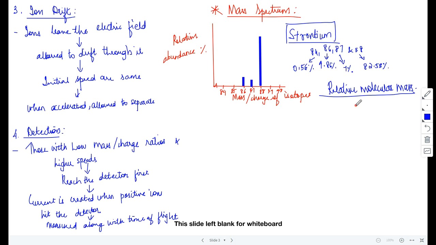Okay, something else which we can add to the definition. Nothing?